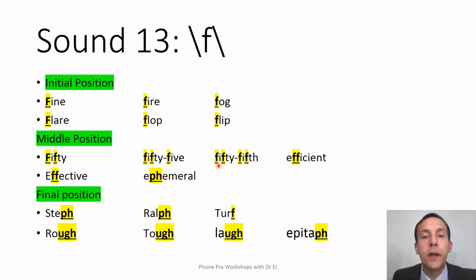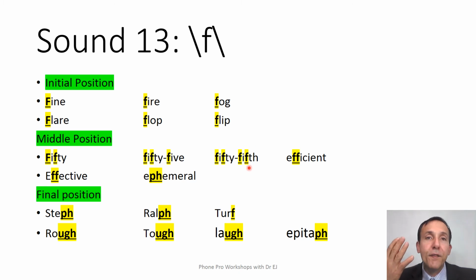Next, here we have short E, long E, and short E. So we say E, E. Here we go. Fifty-fifth. I know it can be funny for some of you, but you need to understand that this is how we create ordinal numbers in English.